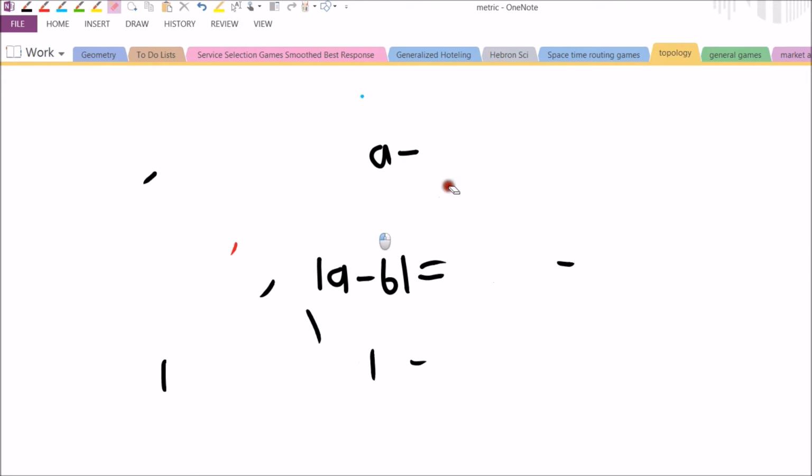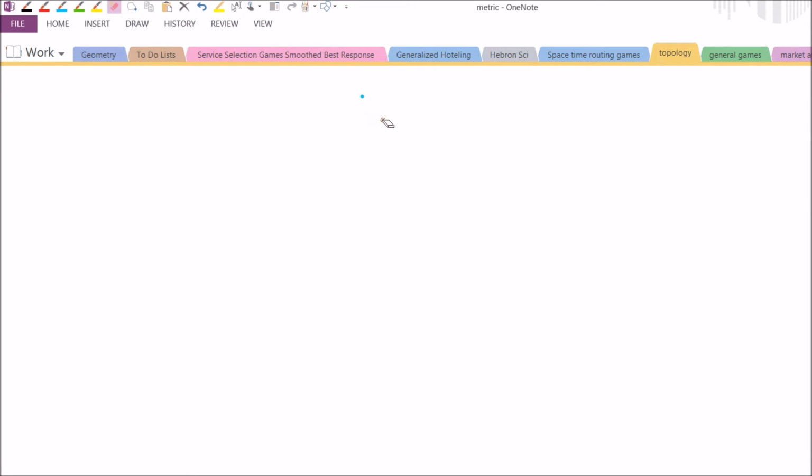Okay, so the other example I just showed you with a little picture of a triangle is basically the idea that the ordinary distance on a plane gives rise to a metric space.